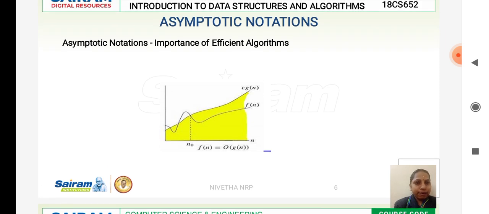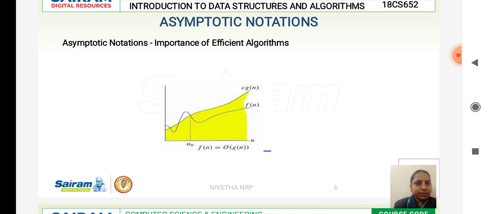And this is the graph representation of big O notation. See here we have a function f of n, and O of g of n is the desired output for the given function n. Here we have a graph representing f of n. f of n is the function that has to be computed in the given time, and it has to occupy the space as calculated.